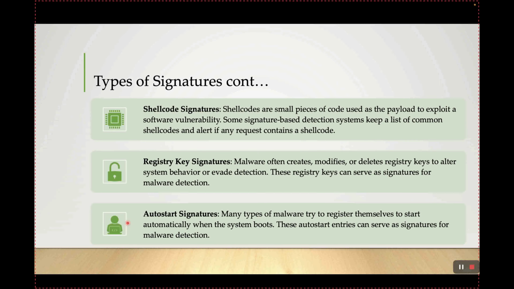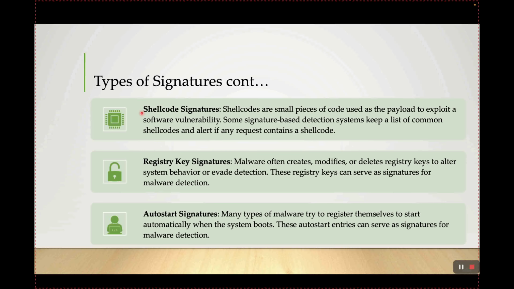The other one is the network traffic signatures. Those are coming from patterns in the network traffic that might indicate malicious activity, like scanning a particular network or trying to exploit a SQL database server by executing certain codes.